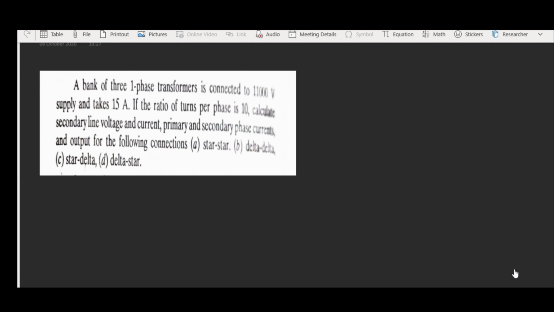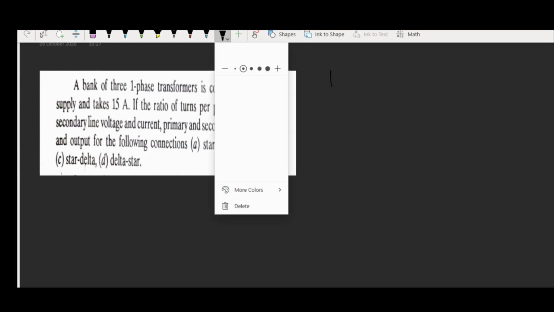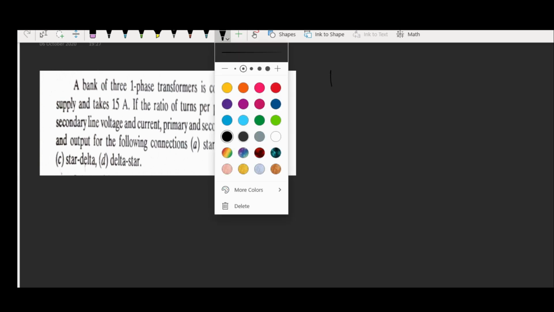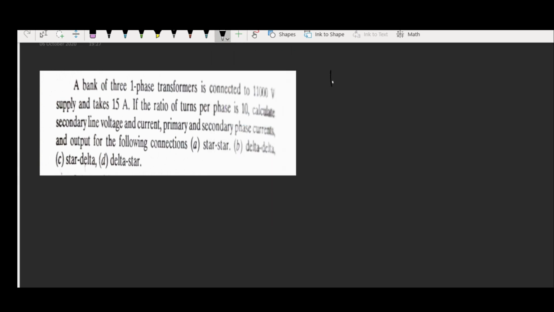So here, a bank of three single phase transformers is connected to 11,000 volt. Let me write. It is 11,000 volt, and takes 15 ampere.